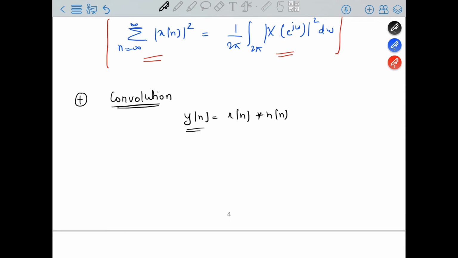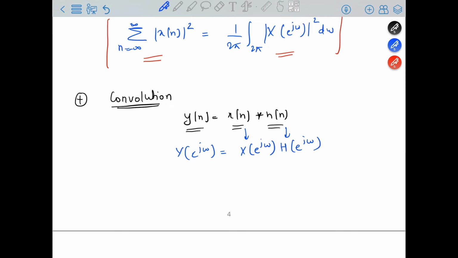So y of n is a signal which is the convolution of x of n and h of n, where h of n represents the impulse response of a system. What will be Y of e raised to the power j omega? It's just a multiplication of these two: X of e raised to the power j omega multiplied with H of e raised to the power j omega, and these two represent the Fourier transforms of the respective signals.